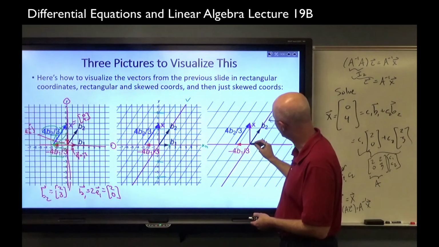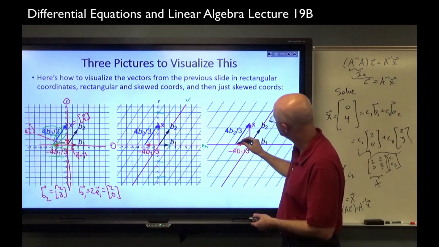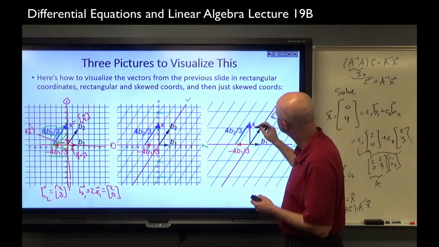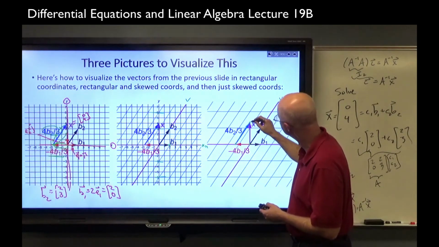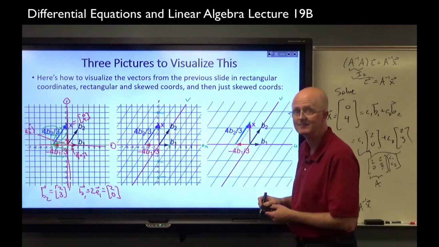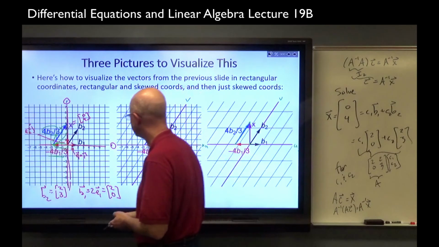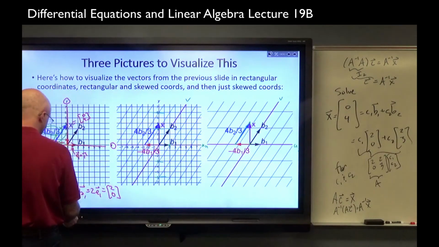In the new coordinate system, you go negative 4/3 units, so to speak, to the left, and then positive 4/3 units upwards along the slanted direction to get to the head of x. Okay, that's illustrating why x is this linear combination in the skewed coordinate system.